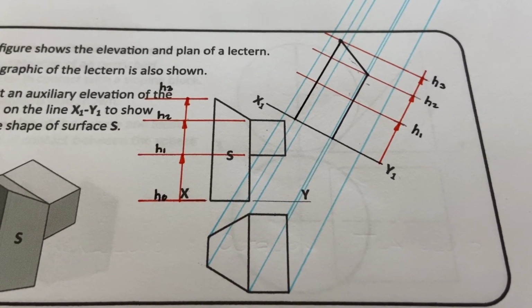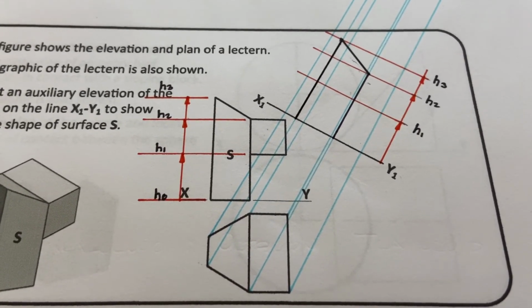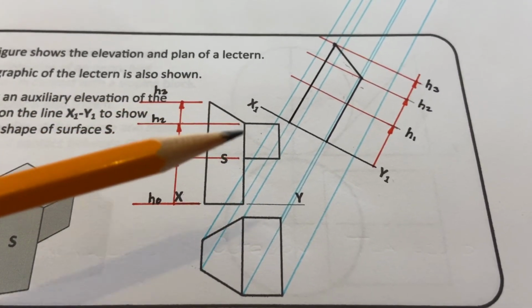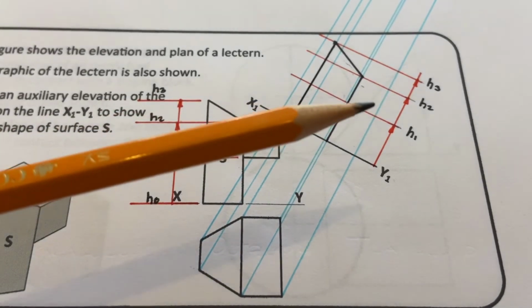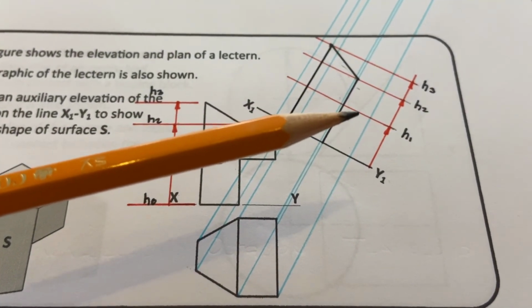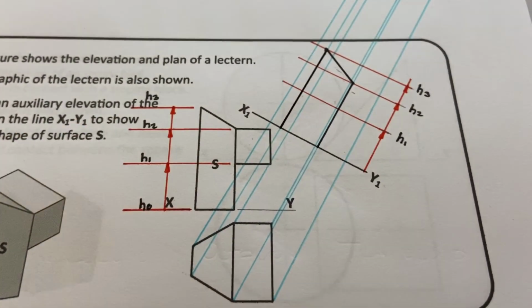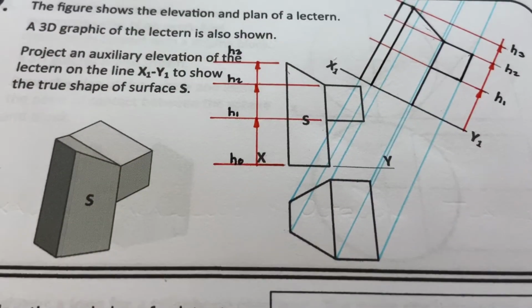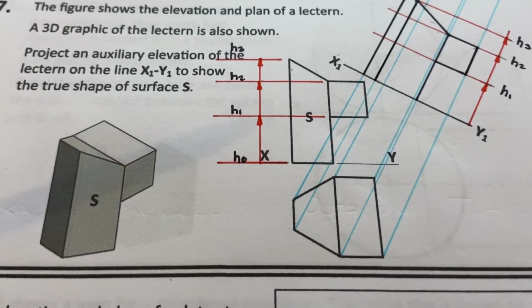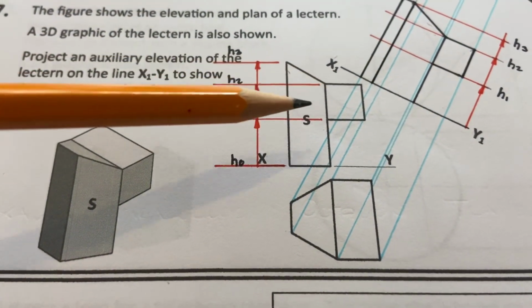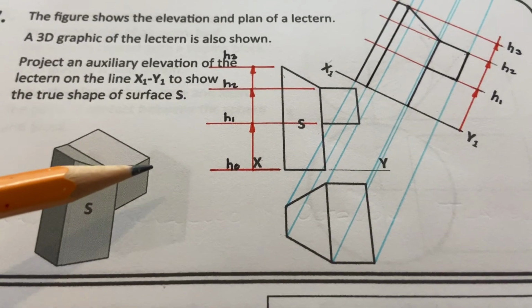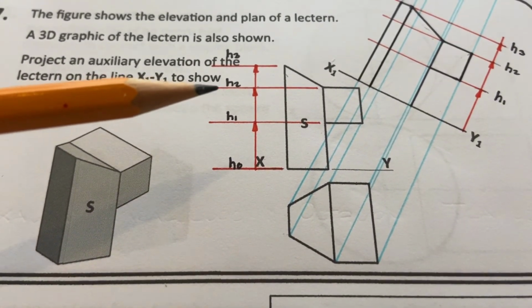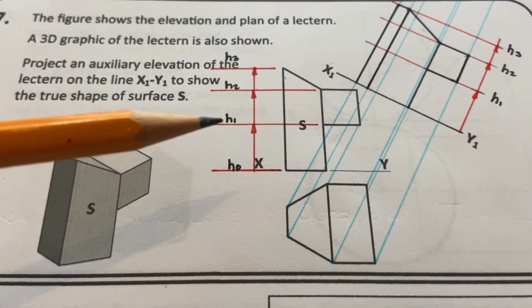It does require a little bit of visualization, but if we follow this elevation here, whatever height these points are at in this elevation is exactly the same height that the points will be at in this elevation over here. Very important to remember that. So if we now take this surface here, which represents the bit of the lectern that is sticking out, we can see that the top of it is on H2 and the bottom of it is on H1.